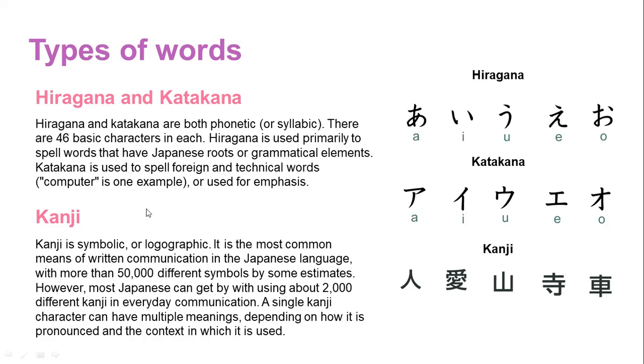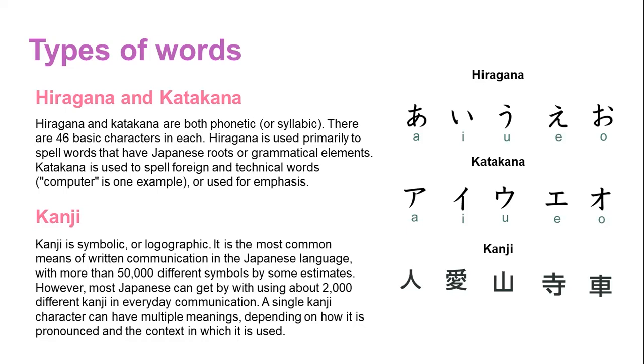But kanji is symbolic or logographic, and it is the most common means of written communication in the Japanese language, with more than 50,000 different symbols by some estimates. However, most Japanese people can get by with about 2,000 different kanji in everyday communication.